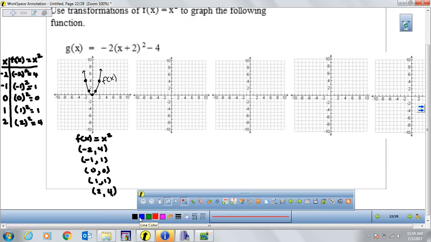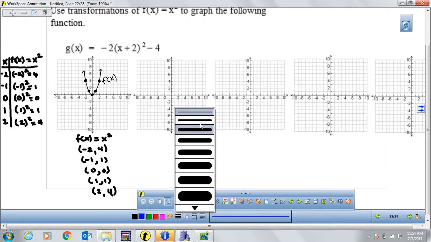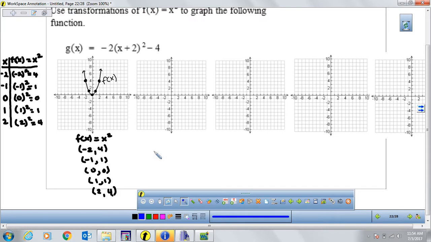Now, when we're applying the transformations, on this one we need to be careful about the way that we do it. We first need to do the horizontal shift. That should be the first transformation. The horizontal shift is going to be the x plus 2.